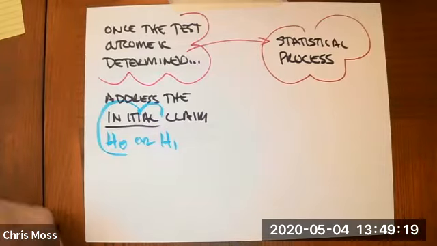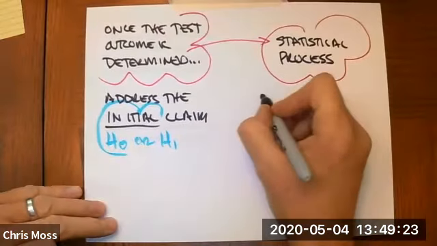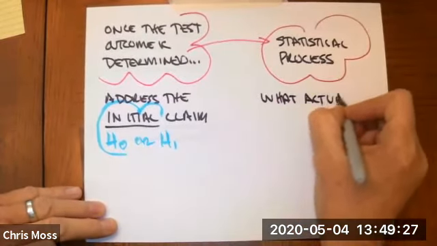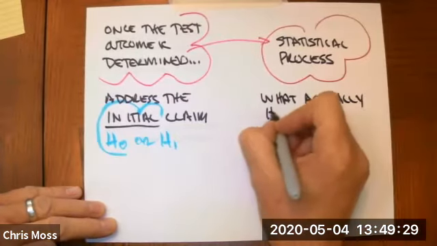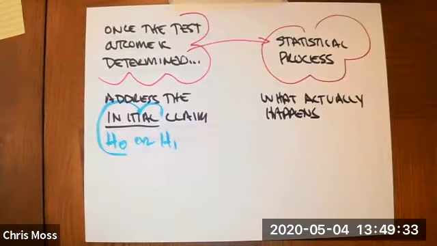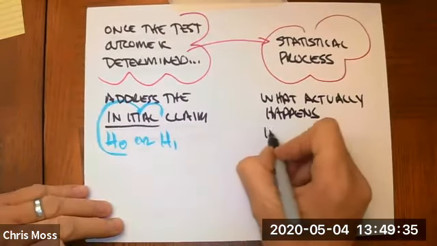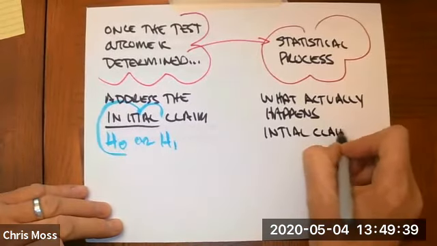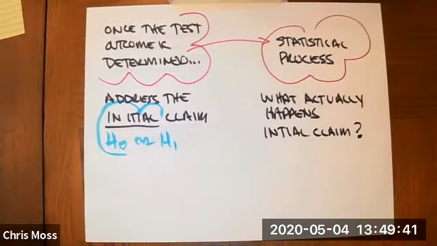On the other hand, addressing the initial claim addresses what actually happens. How is it relevant? Was the initial claim true or likely to be true? So we'll need to address, as I say, that initial claim.